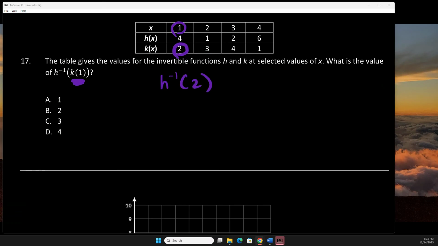All right, h inverse of 2 means what x is going to make h equal to 2. So we're looking for this. What x makes h equal to 2 is going to be 3. So when you're solving an inverse, you're looking for an x that gives you that y value.